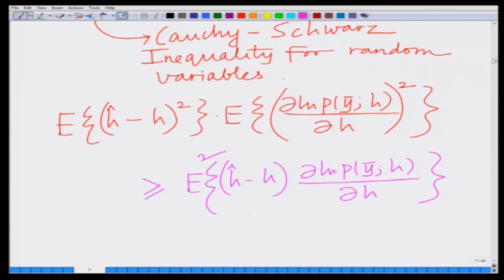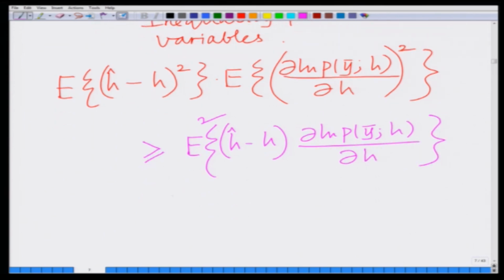The expected value of this product is 1, so this is greater than or equal to 1 square, which is equal to 1.